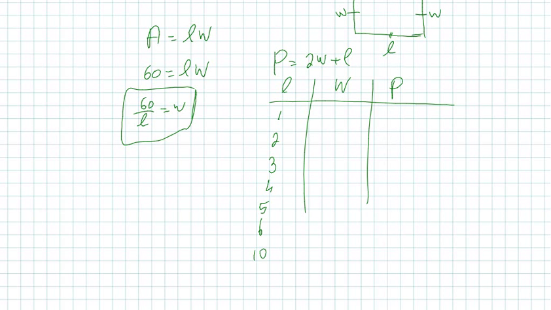And this is the same case of, you're going to find your W, so I'm going to do 60 divided by 1, so that's going to be 60, so my W is 60. To find the perimeter, I'm going to do 2 times 60, plus 1, so that's going to be 121. Make sure you always include the unit.